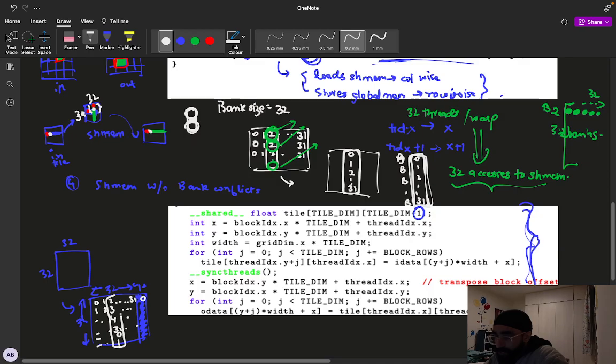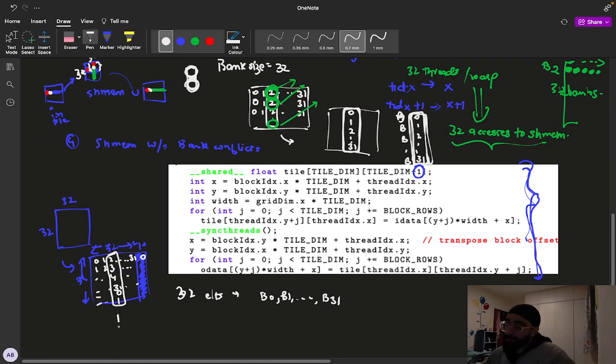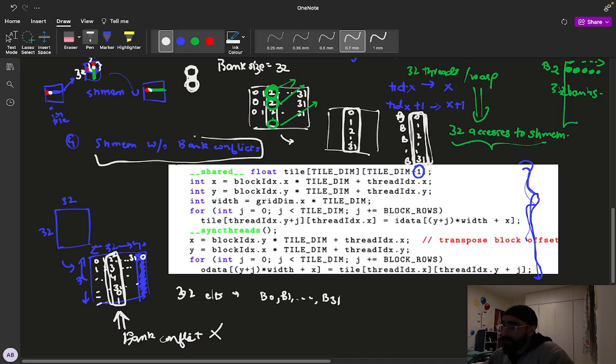So you can see that in this column, the 32 elements belong to bank 0, bank 1, up to bank 31, right? So in a single access to shared memory, we can get all of these elements, removing the bank conflict. So now there is no bank conflict. And this is the most optimized version out of all of the four versions we discussed till now.